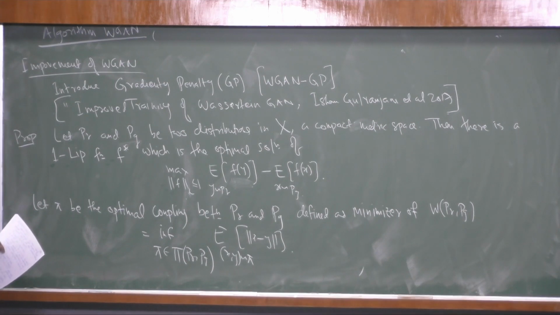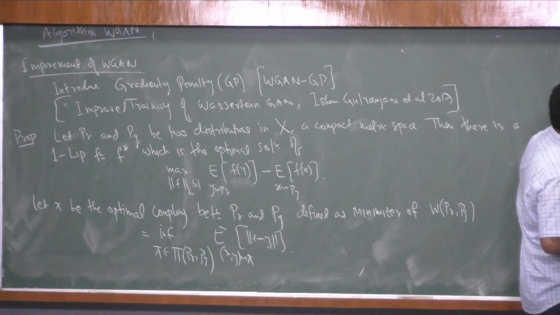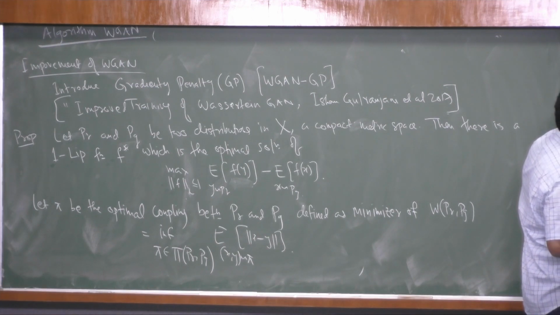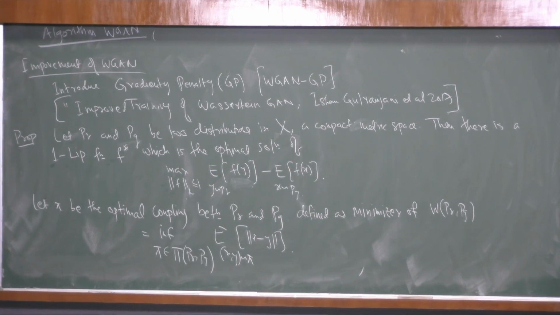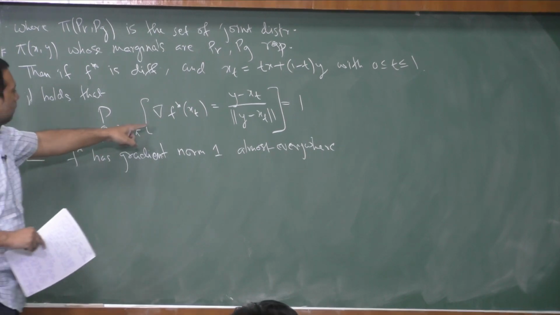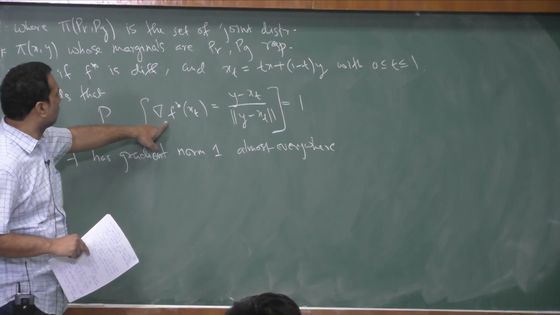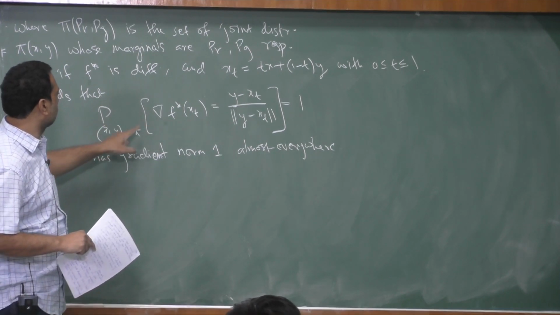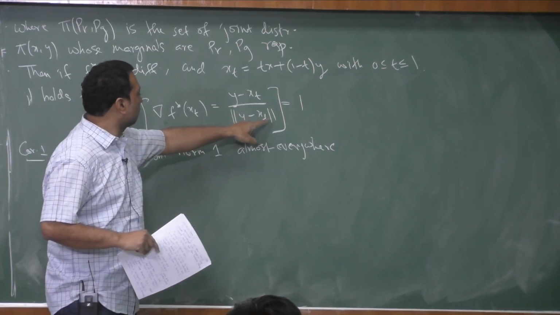So there exists an f star for which this happens, but then what it says is that if f star is differentiable and x_t is some interpolated point, a convex combination of x and y, then what it claims is that the probability of the gradient of f star at x_t being equal to (y minus x_t) divided by the norm of y minus x_t is 1.